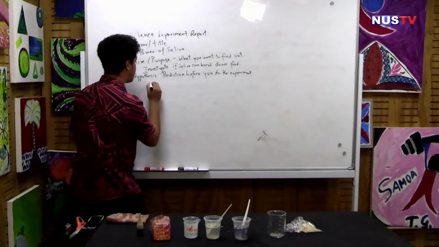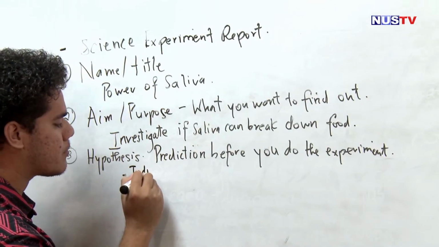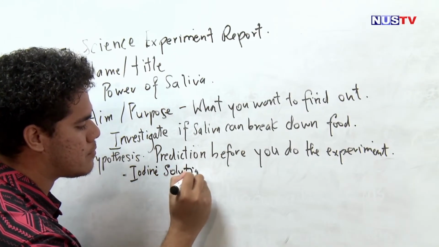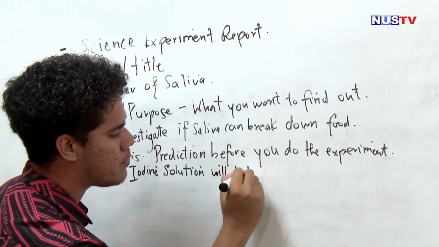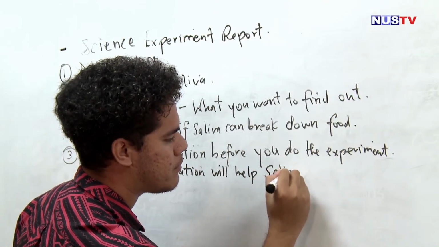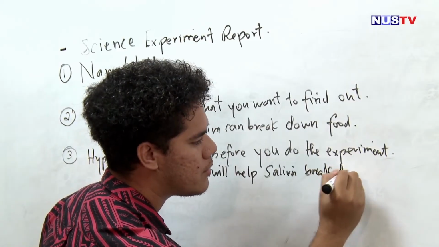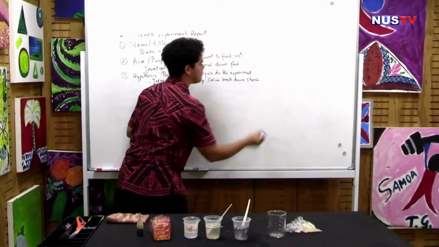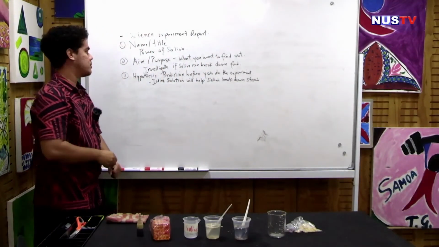Okay, let me write that down. Iodine solution will help saliva break down the starch. It should be very precise and simple.